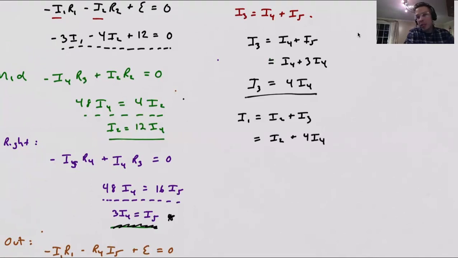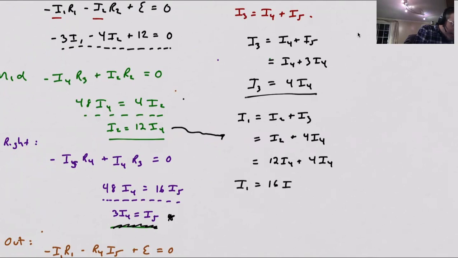It looks like we're just mixing ourselves up, but remember, I2 we could plug in because it's 12 I4s. So this is 12 I4s plus 4 more I4s, namely I1 is also known as 16 I4s. Wow, so we're getting almost everything down to an I4.